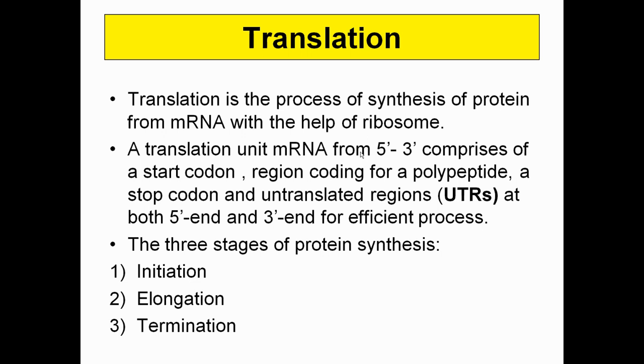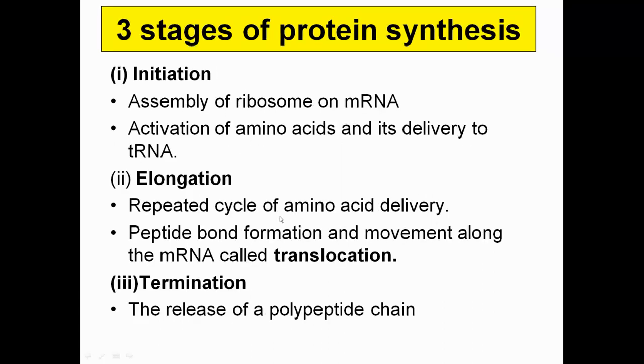The three stages of protein synthesis, or polypeptide synthesis, are initiation, elongation, and termination. So how is initiation carried out? That is the assembly of the ribosomes on mRNA. As you know, ribosomes remain as a small subunit and a large subunit, separate before the synthesis of the protein.